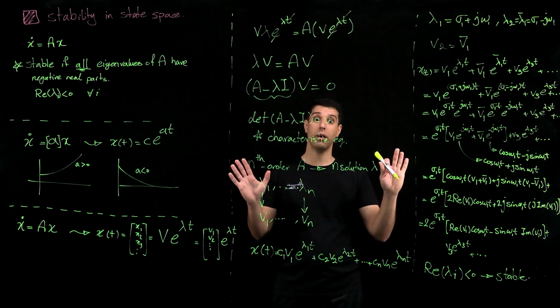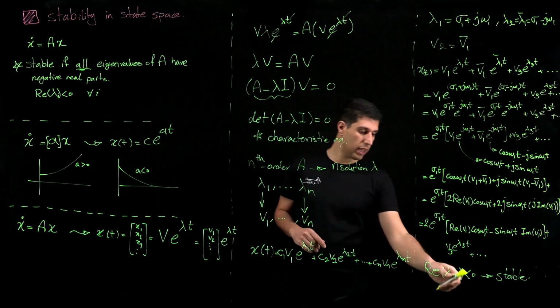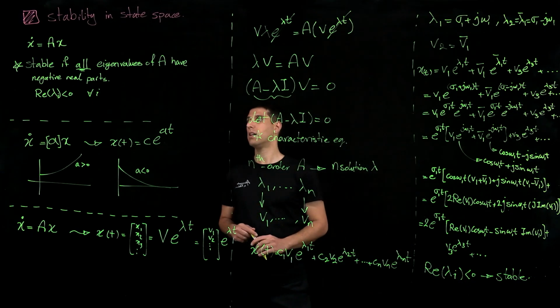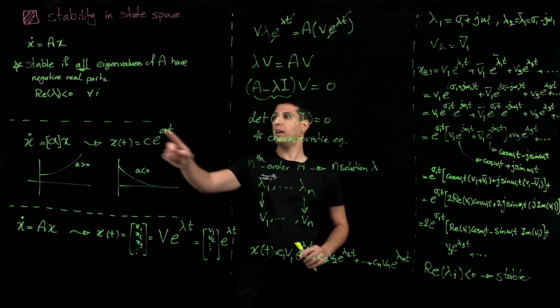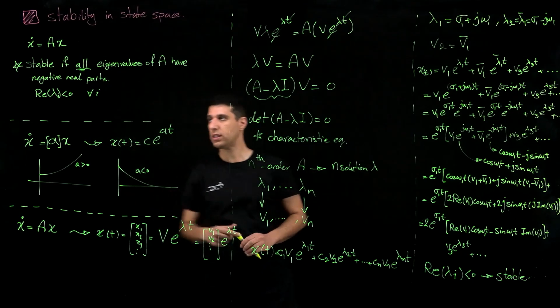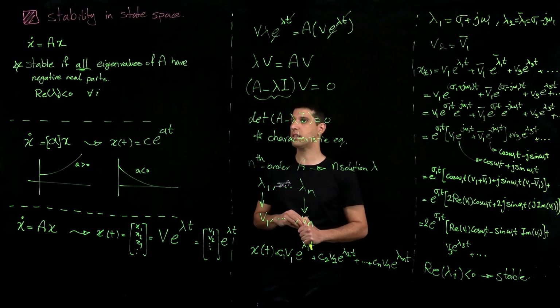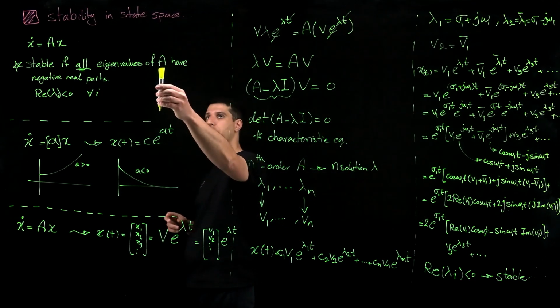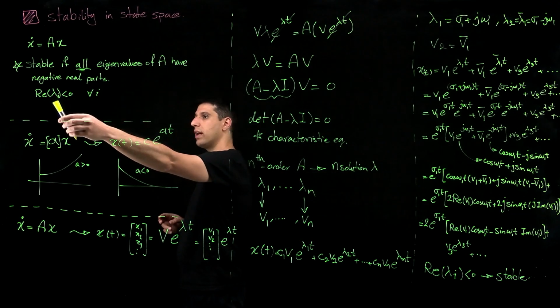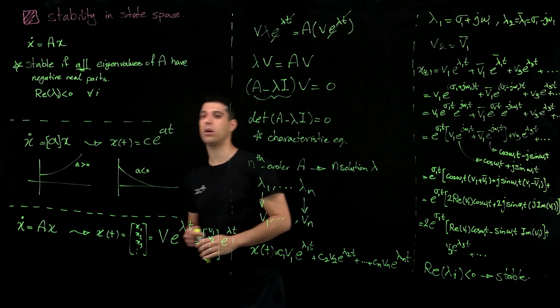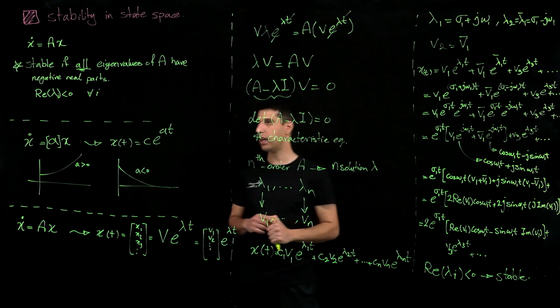But, well, pause. And at the end of the day, we get to this statement that we can analyze the stability of the system defined by matrix A by looking at its eigenvalues. If all of them are negative, the system is stable.